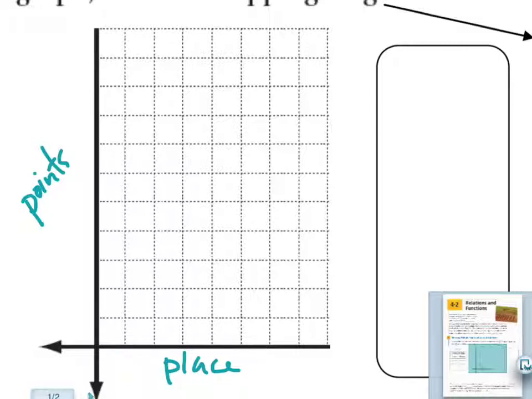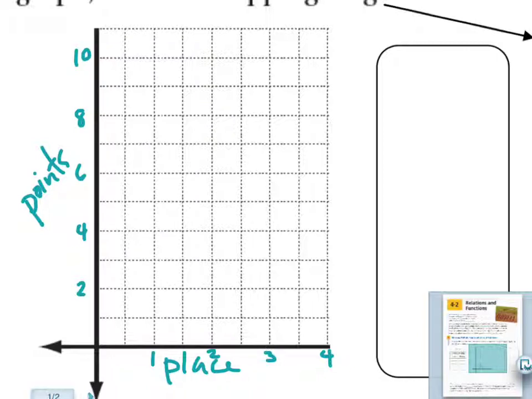So let's instead label it like this. Let's put a 1, a 2, a 3, and a 4. The more you can zoom in on your data, the better. And on this point side, I'm just going to count by 2s.